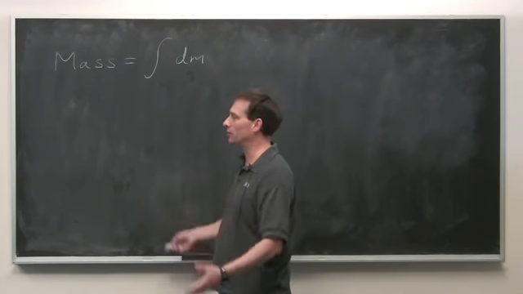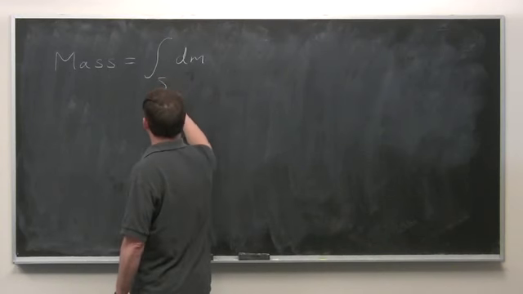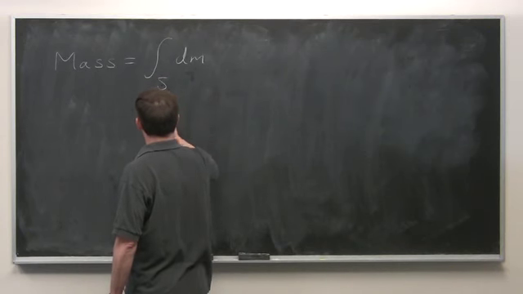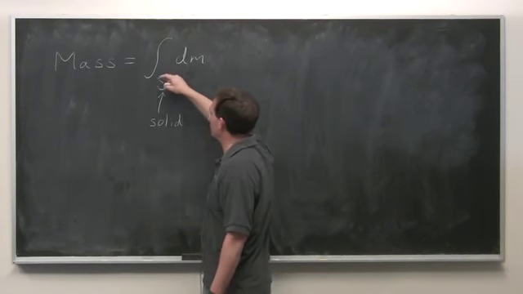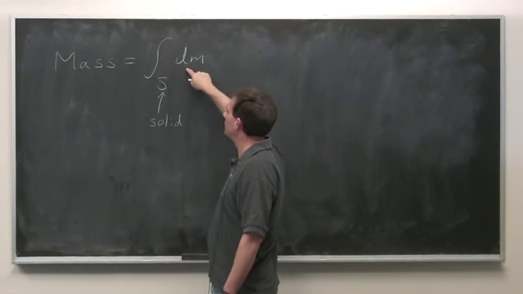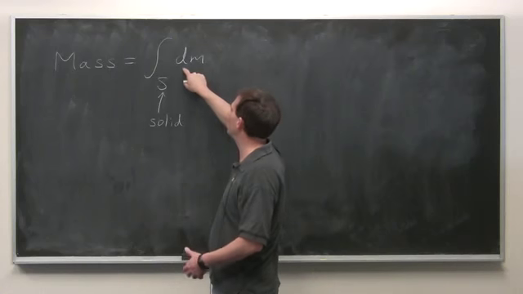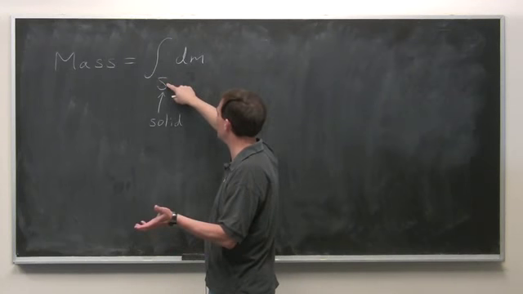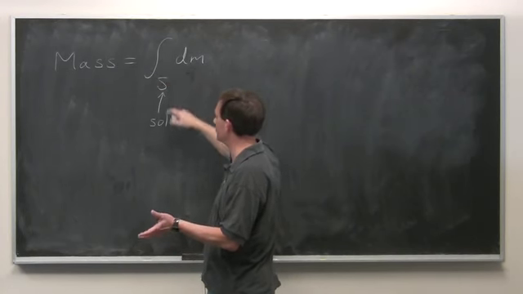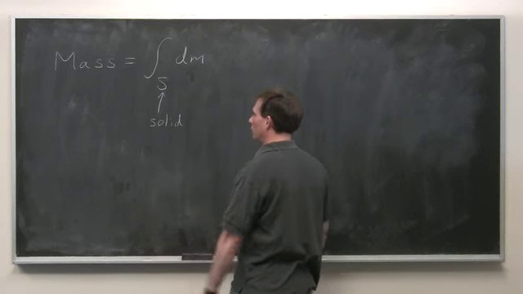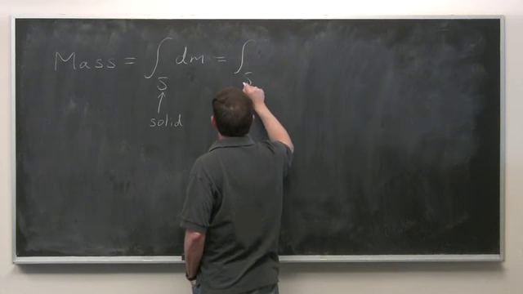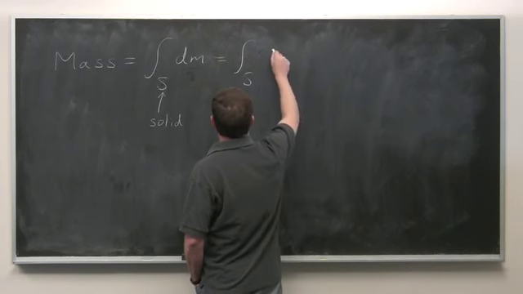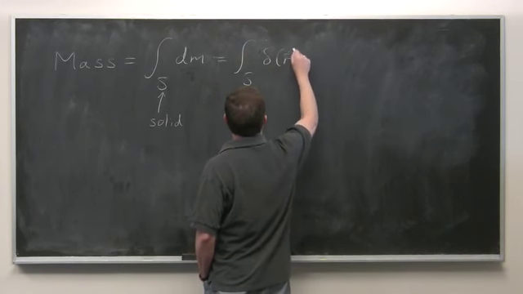Well, some notation that means you're integrating over the entire solid. I'm just reading it: integrate, so take a continuous sum of dm, the little infinitesimal mass, as your points move throughout the entire solid. So this notation isn't helpful for calculating. It's just telling you what we're doing.